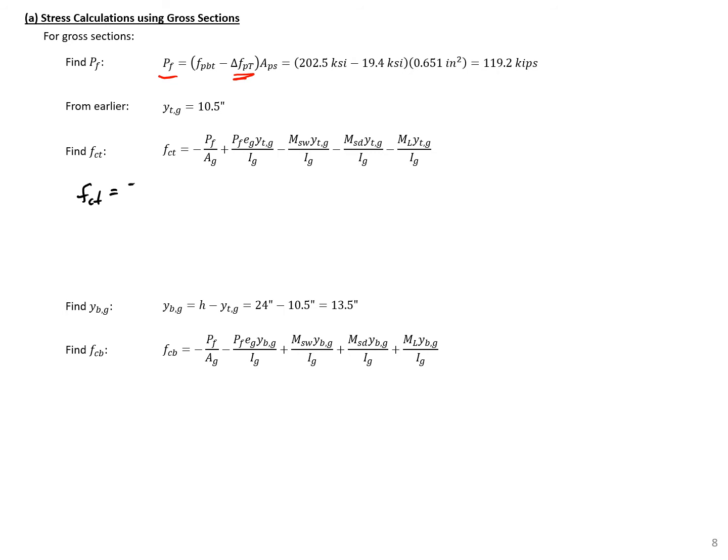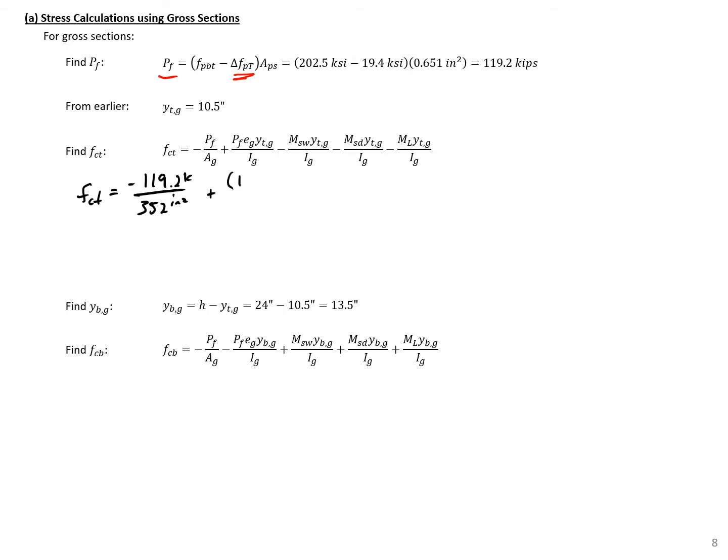Our pre-stressing is going to cause a compressive stress in the section, so the axial stress from the pre-stressing will be compression, so we have a negative sign there, 119.2 divided by our gross area, 352 square inches, plus the eccentricity of our strands is going to cause tension in the top, so we're going to have a positive sign here.